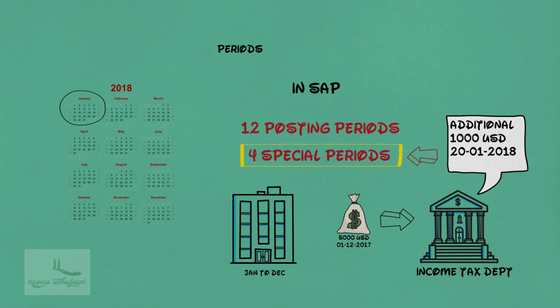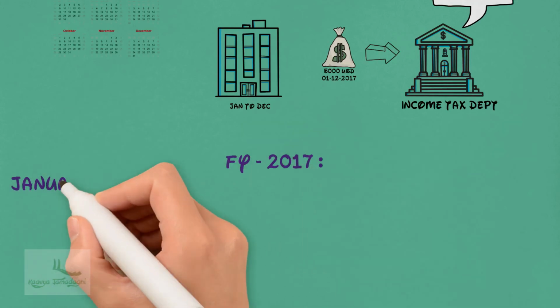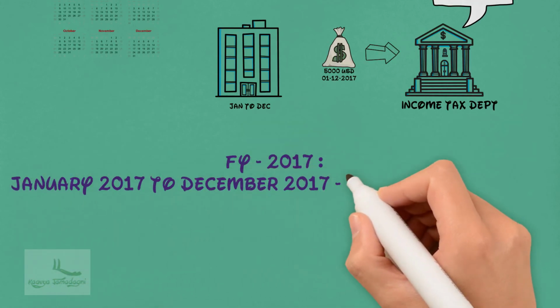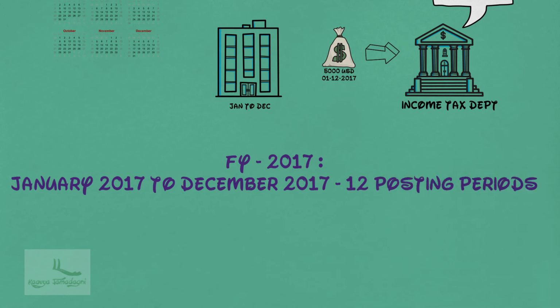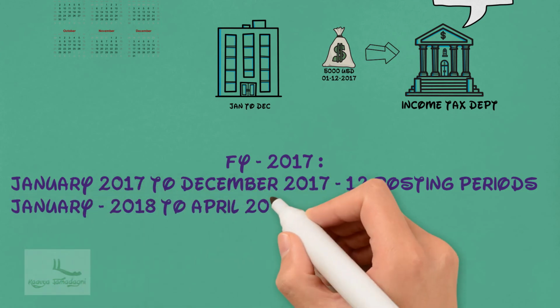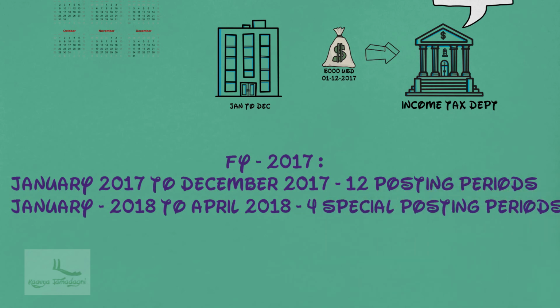If you consider this example, for the financial year 2017, January 2017 to December 2017 will have 12 posting periods, wherein January 2018 to April 2018 we have 4 special periods which can be used only for adjustments.